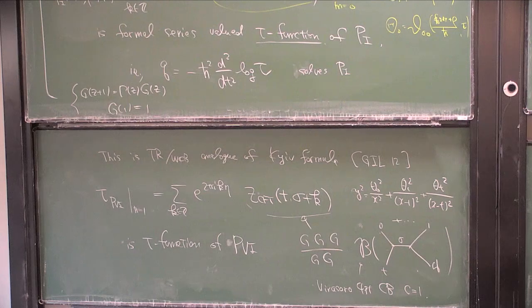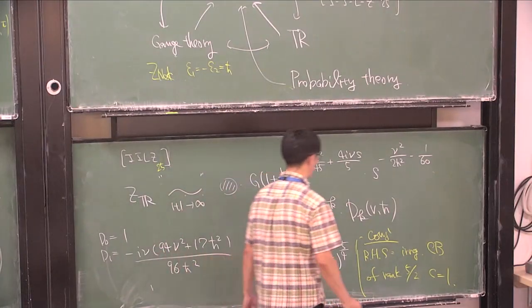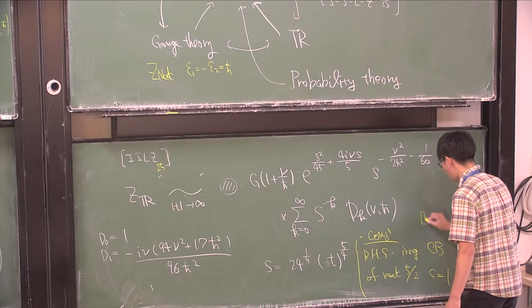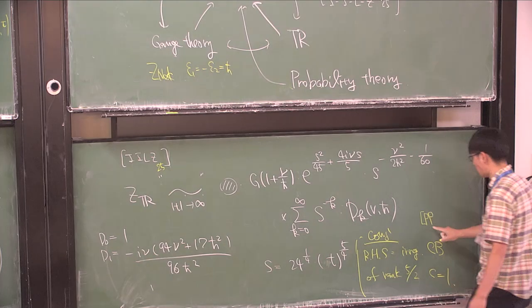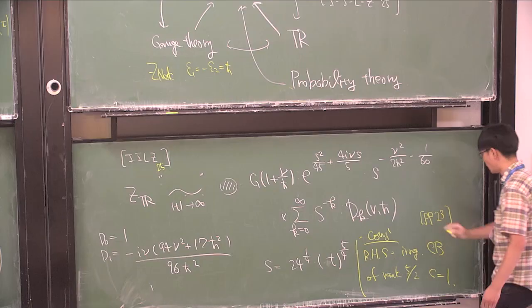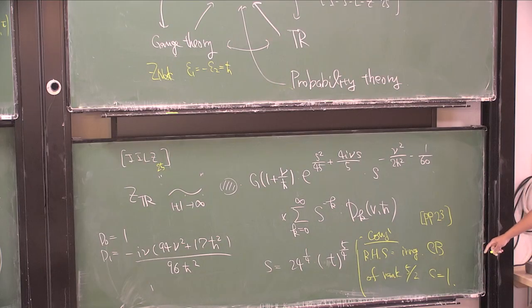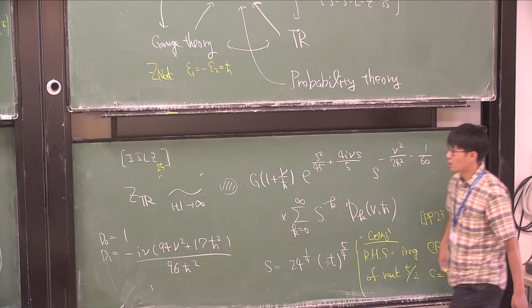And this right-hand side was already proposed a bit earlier. Our paper appeared in 2019, but two years earlier, Pogossian already introduced this kind of irregular ramified conformal block.